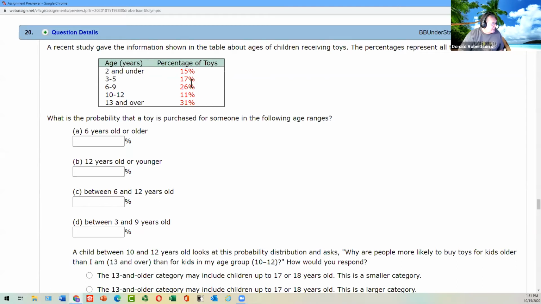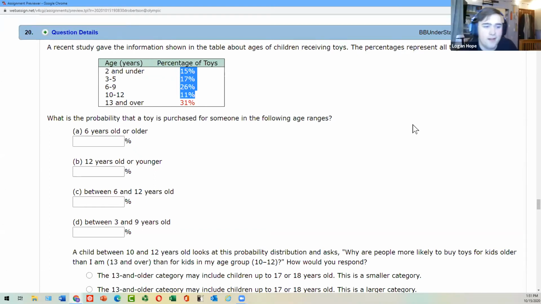So 11, 26, 17, and 15. Now I could get that answer by adding those together, right? That would be younger than 12. Is there a quicker way of doing that in your head so you don't even need it? Logan? 31 minus 100. Right, it's as simple as that, isn't it? Just 69. That's using the complement trick, right?